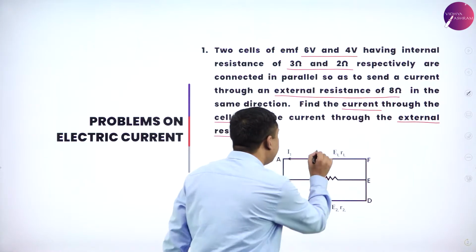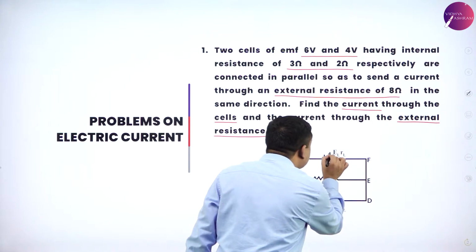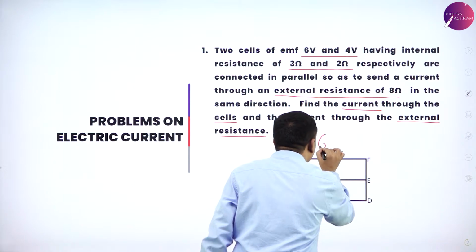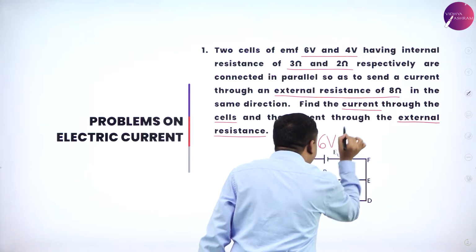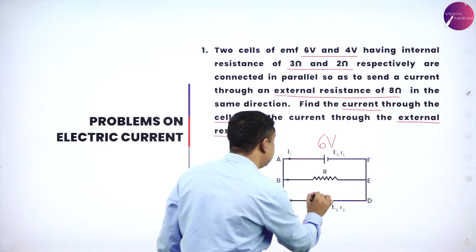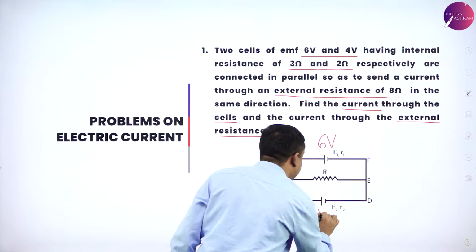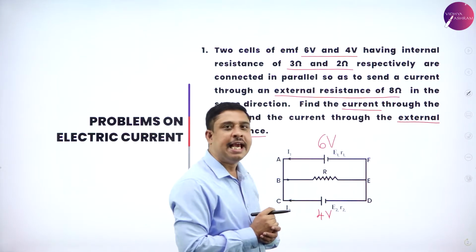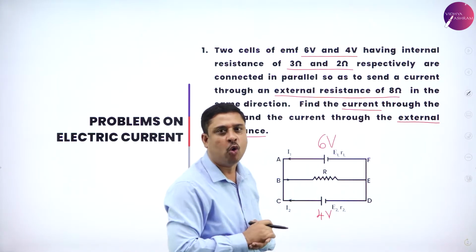I call this to be the first cell whose EMF is 6 volt. Second cell whose EMF is 4 volts.